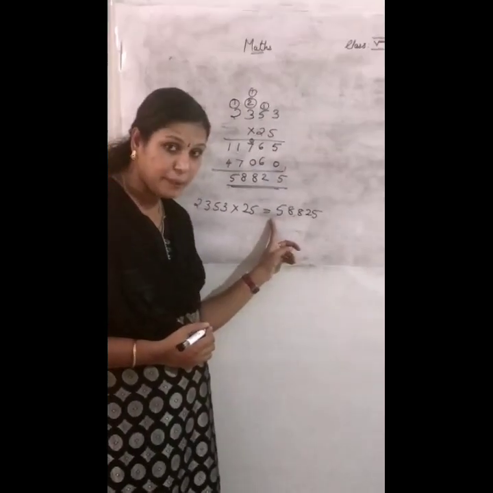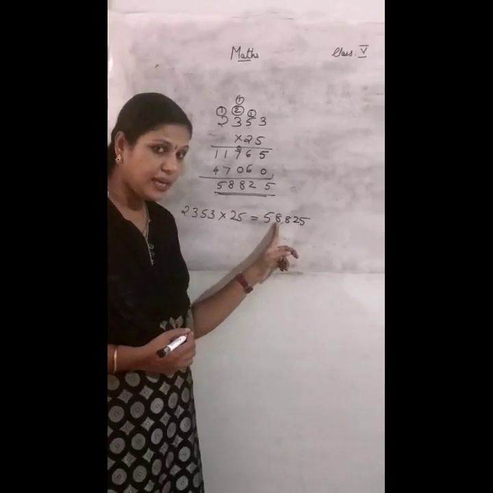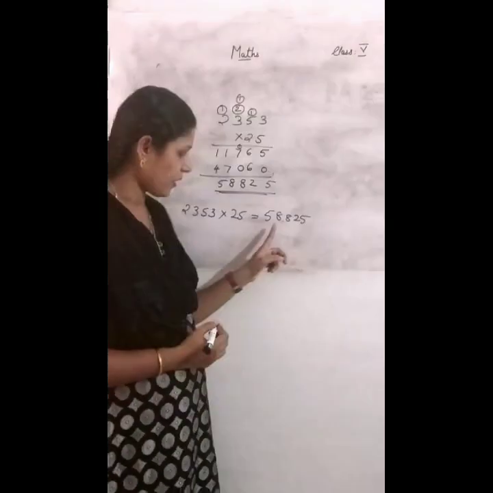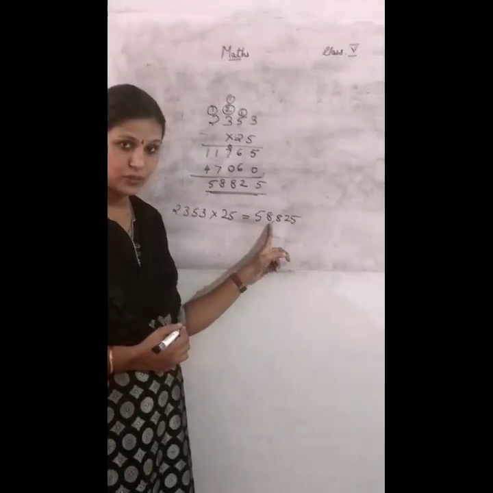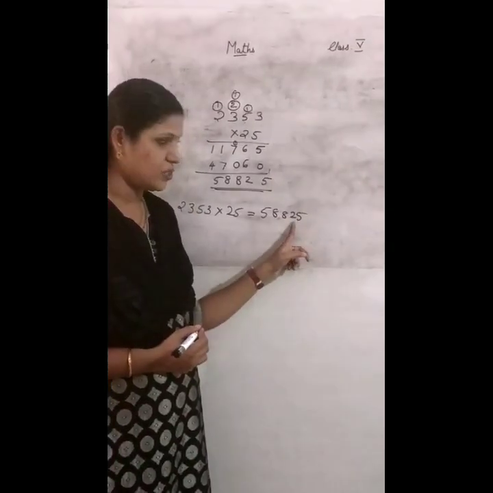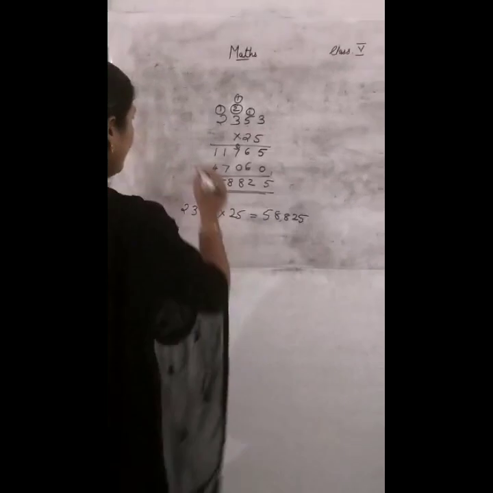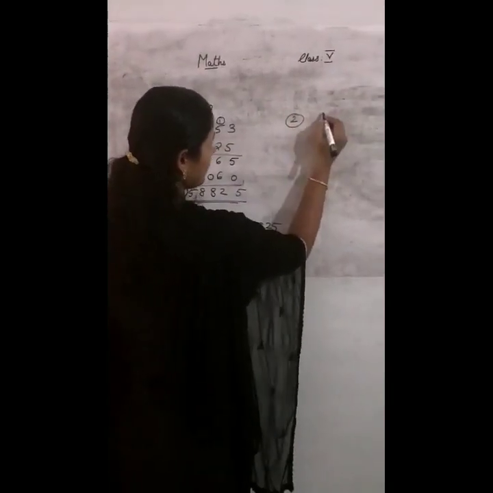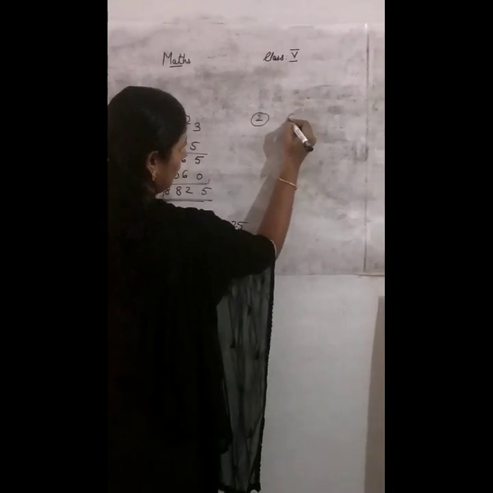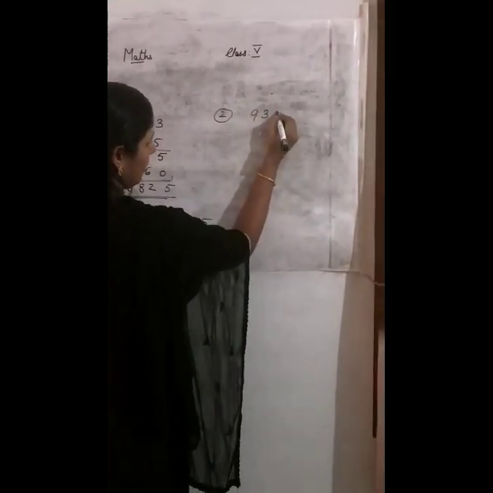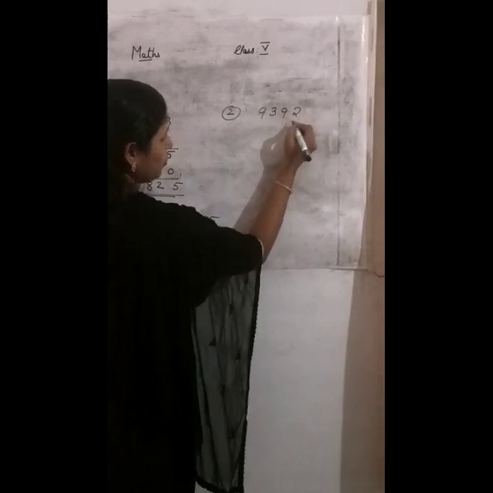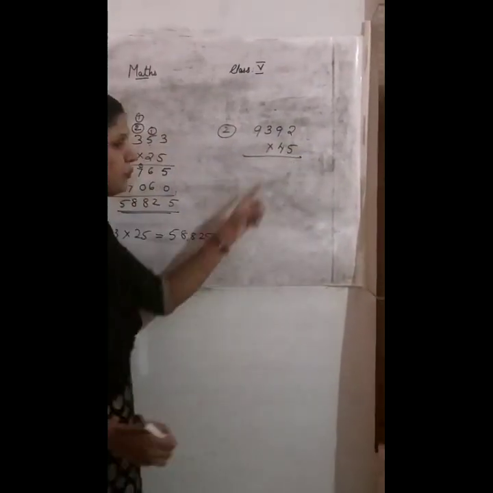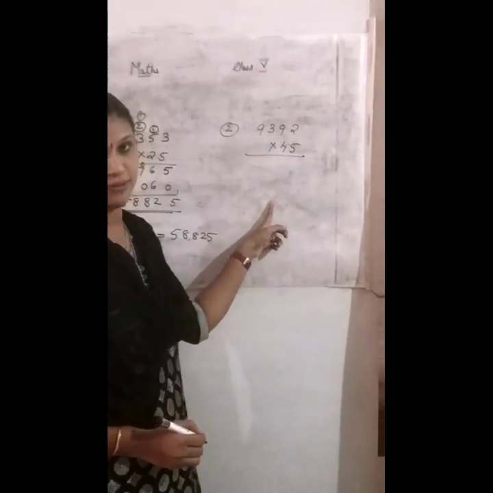So we read this number as 58,825. Like that you can do the next question, that is 9392 into 45. You can do this question by yourself.